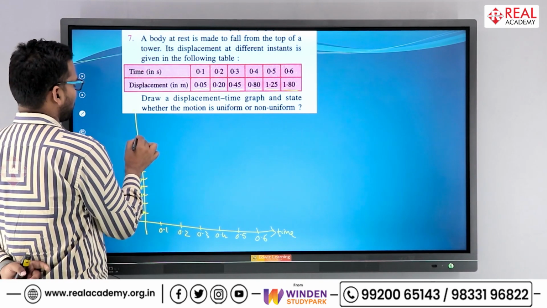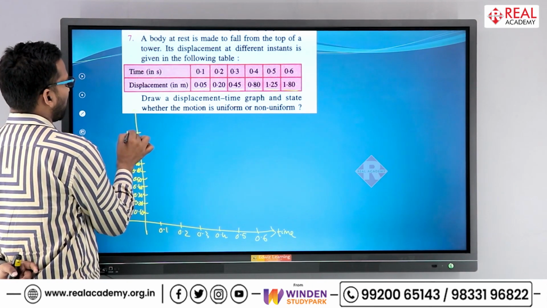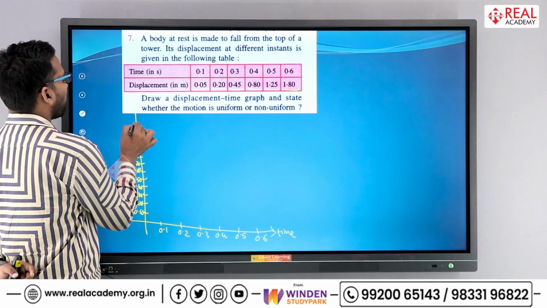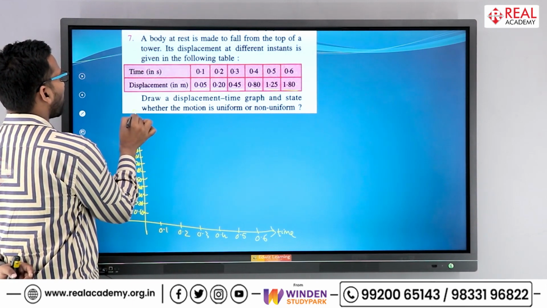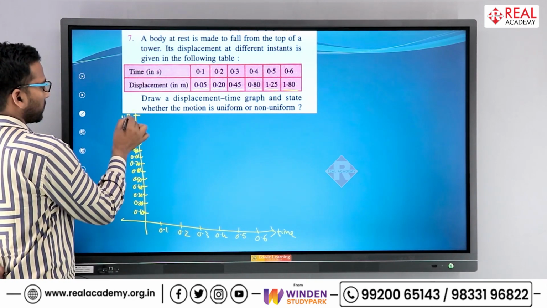How many more do we need? 1.10, 1.20, 1.3, 1.4, 1.5 and so on up to 1.80. Okay.